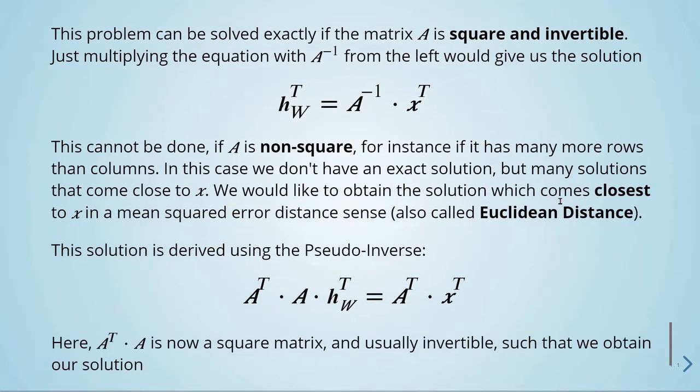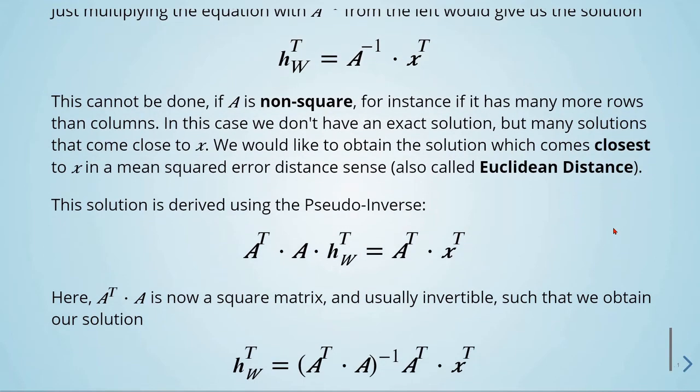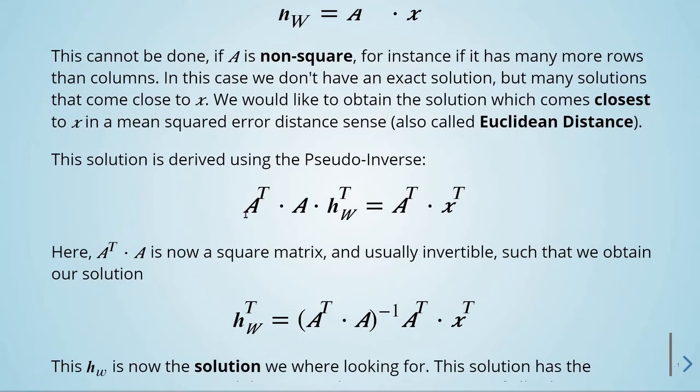We would like to obtain the solution which comes closest to x in a mean squared error distance sense. This is also called the Euclidean distance. This solution is derived using the pseudo-inverse. So we have A transpose times A times h_w transposed equals A transpose times x transpose.